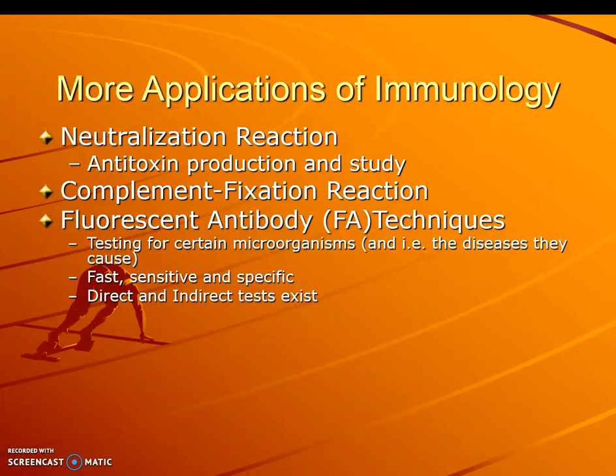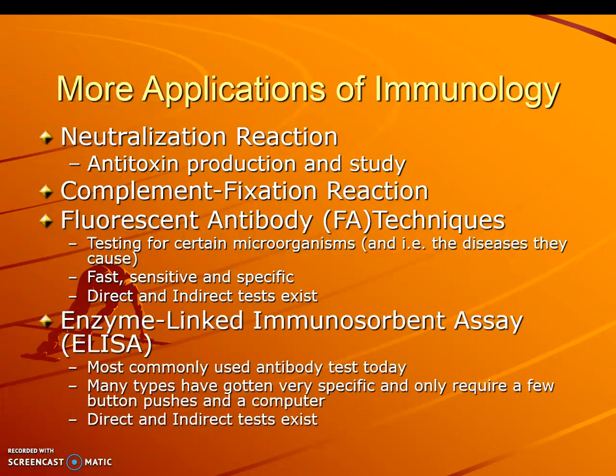So this test can actually be used to test for those exact antigens and antibodies, and it basically gives the ability to say exactly what is causing that particular disease. Lots of great information in your book about these tests. They're very helpful in diagnosing diseases, especially if a person is not responding to medication and they're not getting better, then it's a way that we can figure out more about which disease they have.